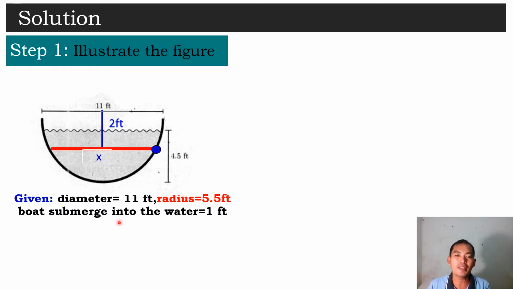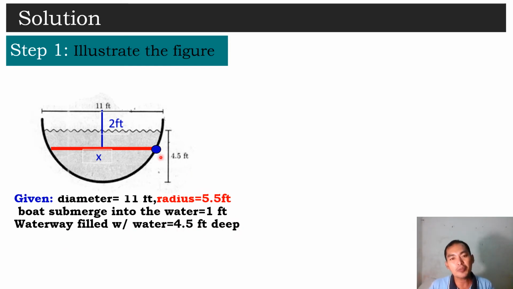And the boat submerged into the water 1 foot, okay? The waterway is filled with water 4.5 feet deep. Kung magsusubmerge ang boat sa water 1 foot, so bababa. 4.5, bababa ng isa, magiging 3.5.